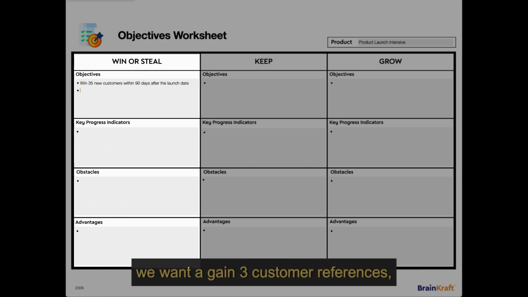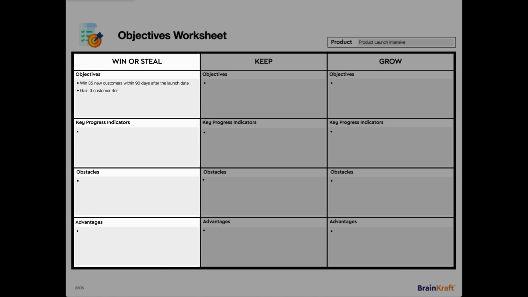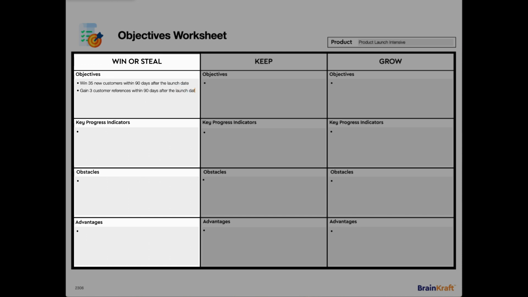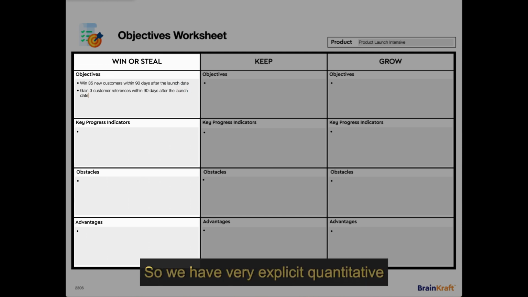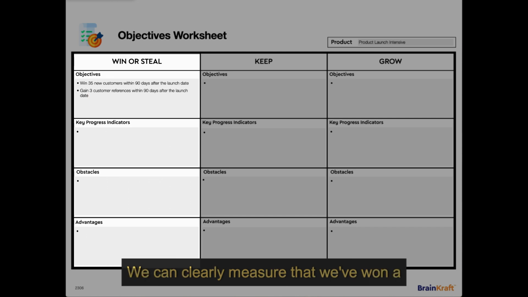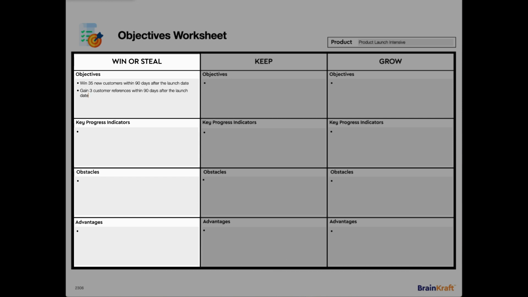In addition to that, we want to gain 3 customer references also within 90 days after the launch date. All right, you tracking with me so far? So we have very explicit quantitative objectives. They aren't soft and fluffy. We can clearly measure that we've won a customer, how many we've won, and within what period of time.